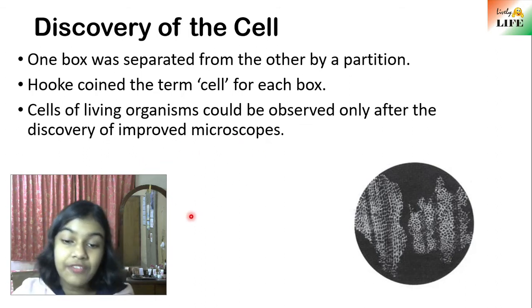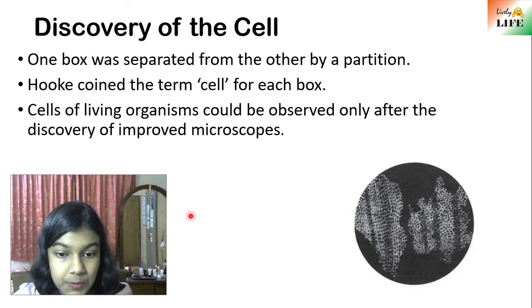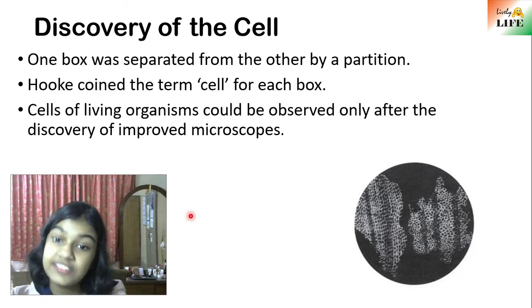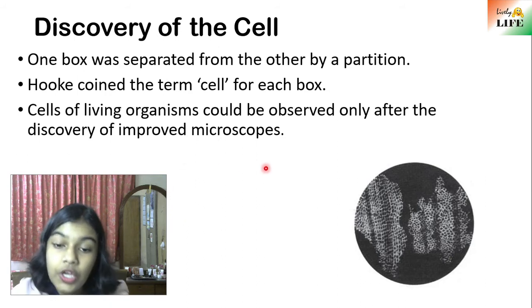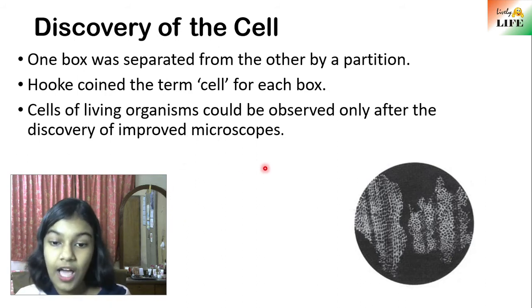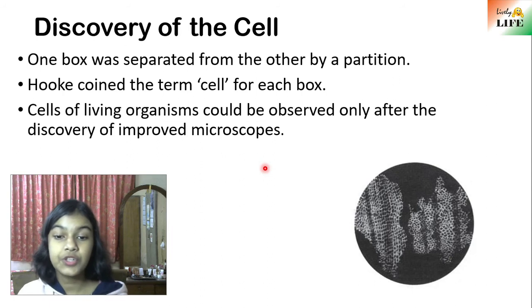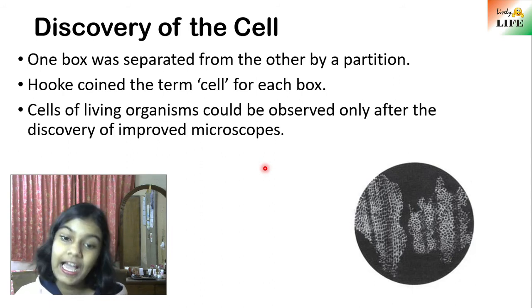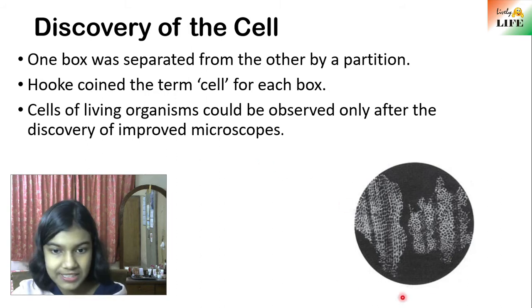After improved microscopes were invented, only then could we know much about cells of living organisms. So this was the discovery of cell. How was cell discovered? First, Robert Hooke was the first person who observed the cells, and he coined the term cell for each of the boxes that he saw.